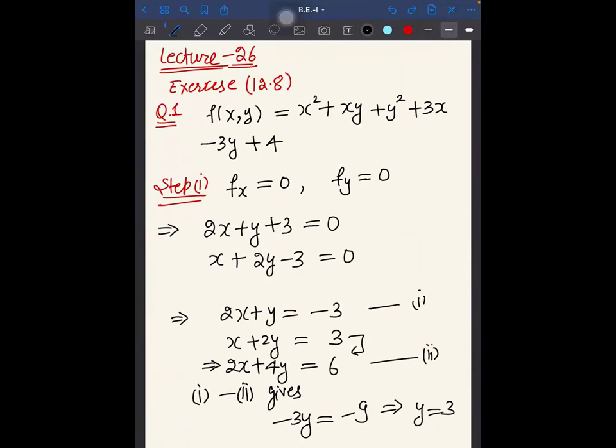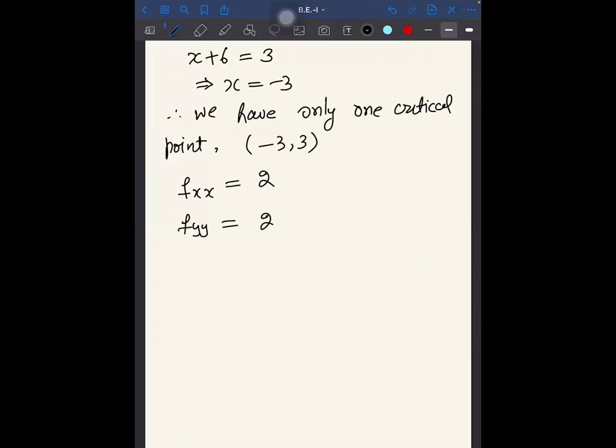Again 2. So we need to calculate these fxx and fyy at this point. But since these two are constant, at this point their value will remain the same, that means 2 and 2. So fxx at the point minus 3 and 3 will be 2, and fyy at the point minus 3 and 3 again will be 2.